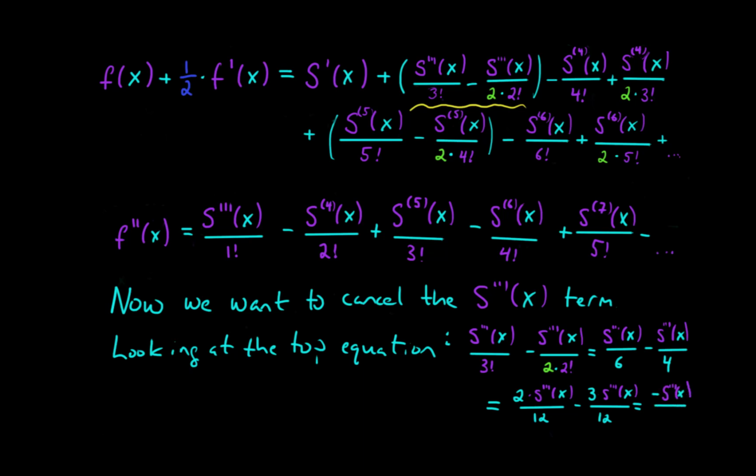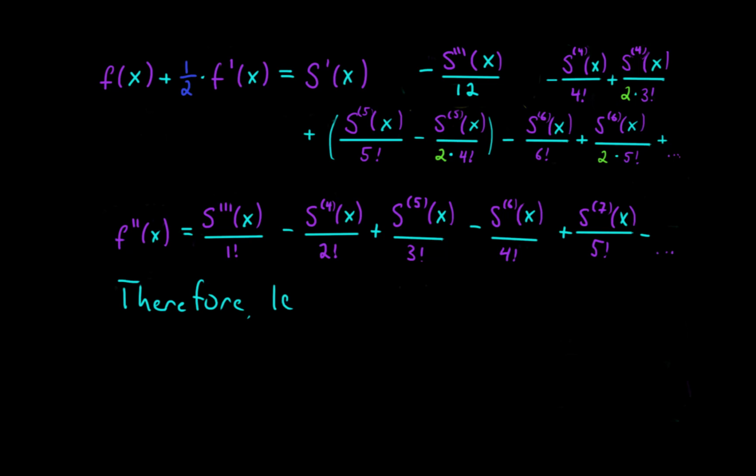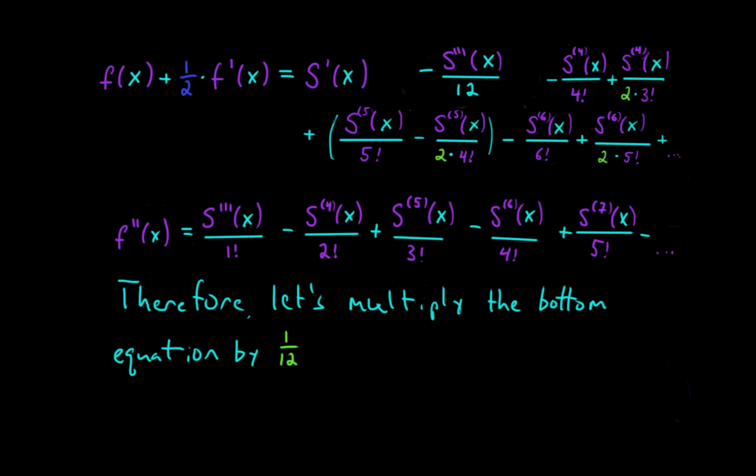So let me rewrite that there. So this is now in the top equation s prime of x plus negative s triple prime of x over 12 plus all the other terms. So to cancel out that term, that negative s triple prime of x over 12, we should multiply the bottom equation by 1/12, and then sum the two equations together, like we did before.